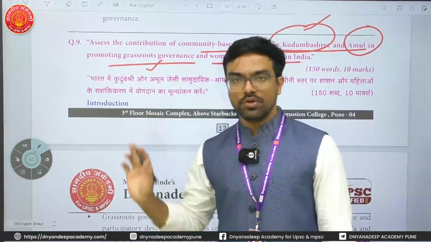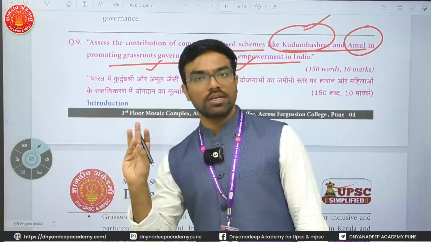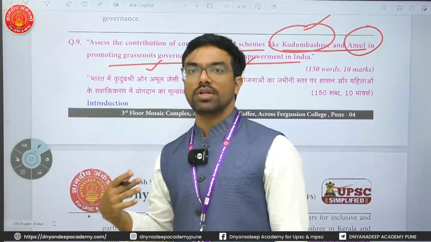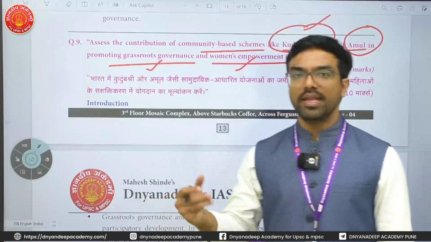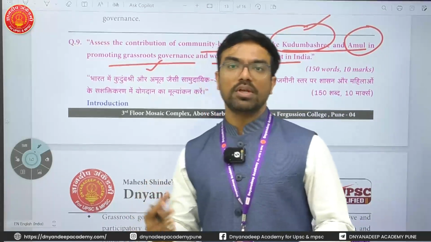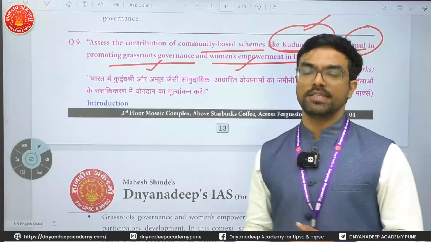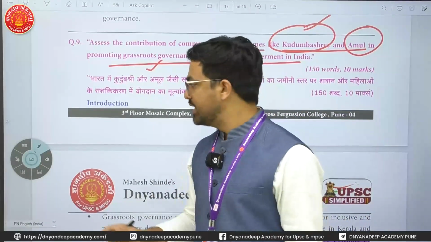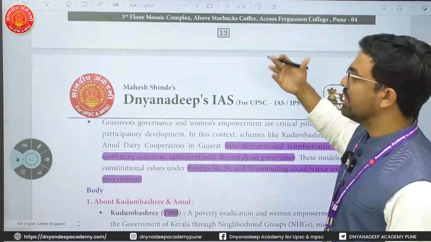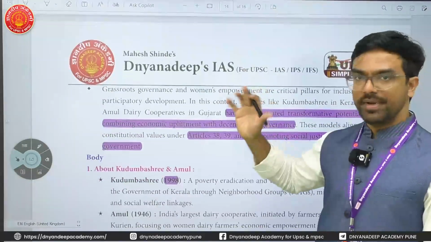In the introduction, you have to write what is Kudumbashree and what is Amul. In the main body, we have to write their role in empowerment of women, in providing economic livelihood, in strengthening their political representation and role in grassroots governance, and access. We also have to write some limitations.